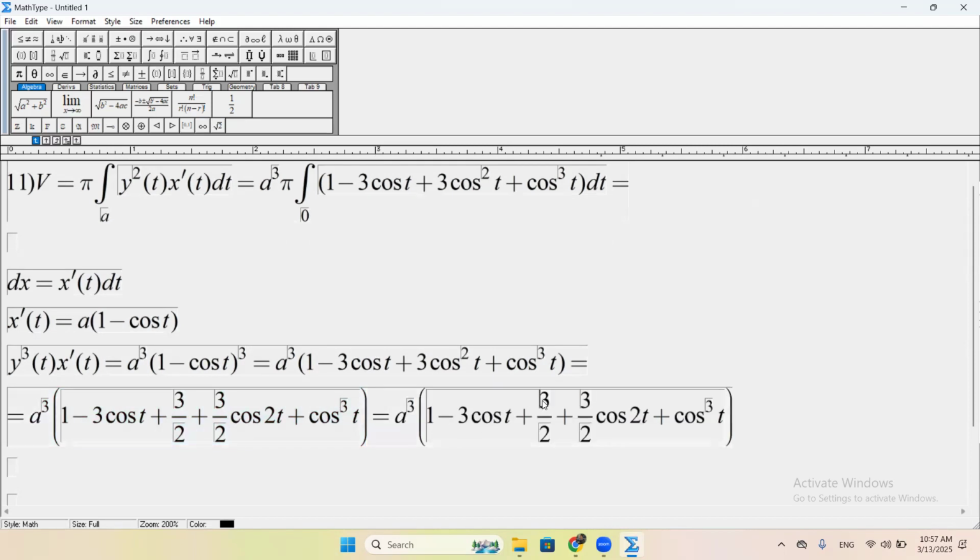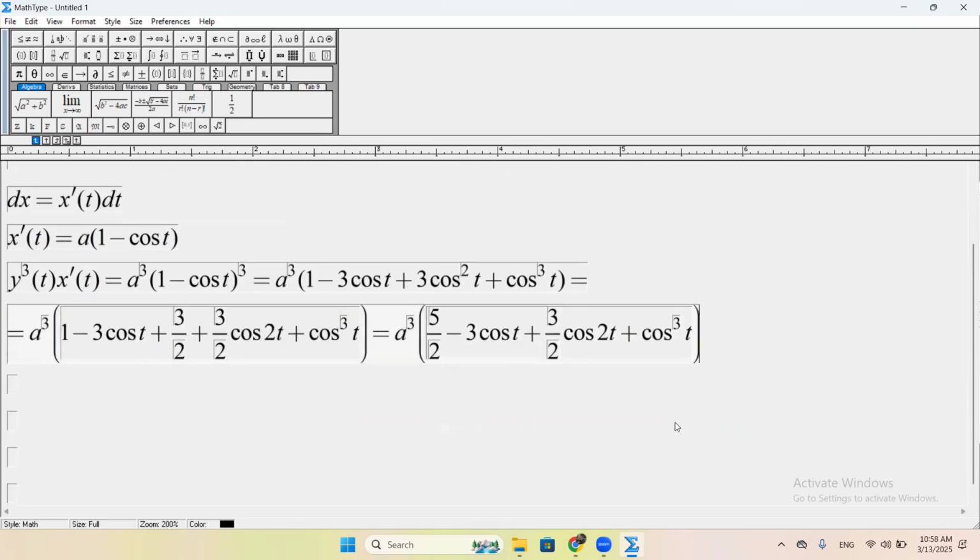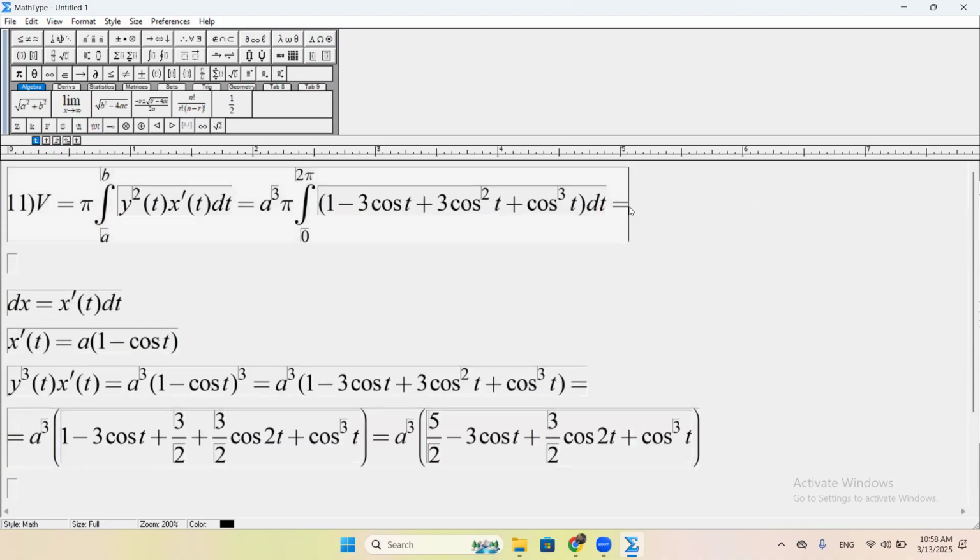So here we will have 5 over 2. And now let's calculate all integrals separately.